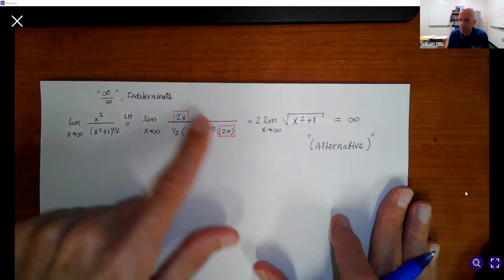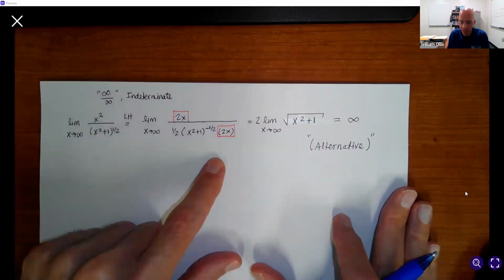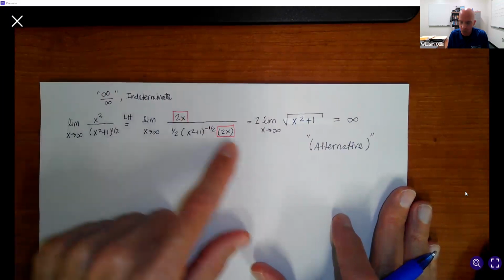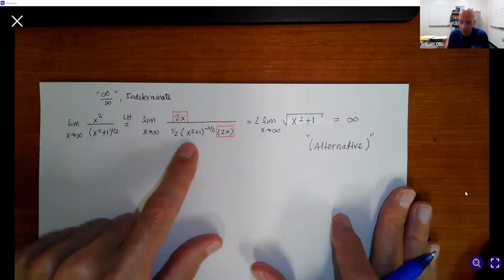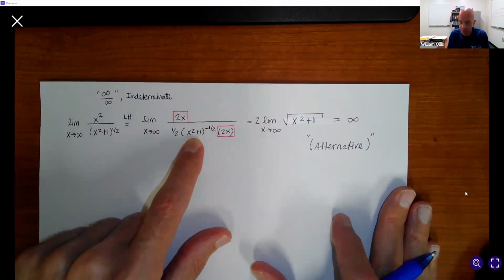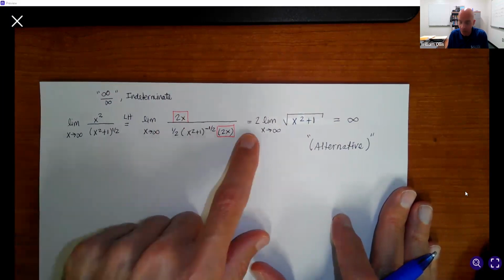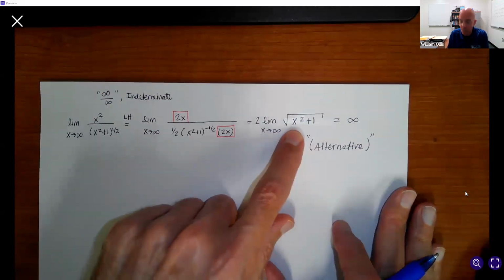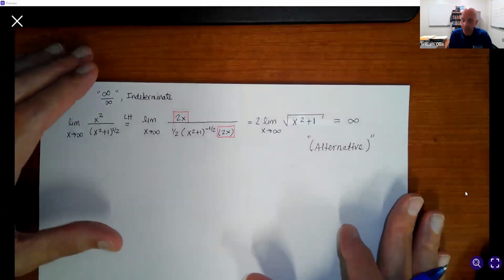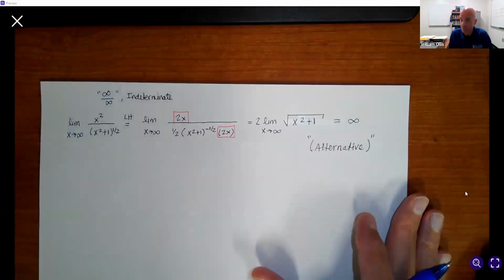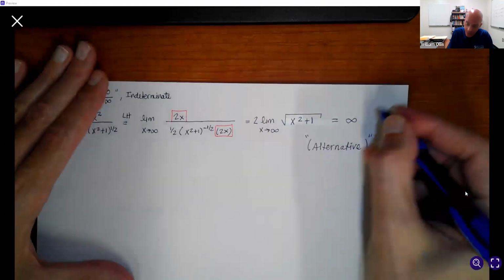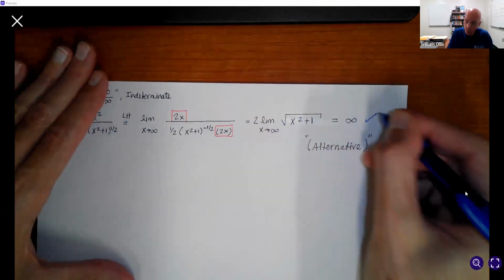At least here, this is straightforward and gives you a break. But notice the two x terms cancel, and you just bring this upstairs. The reciprocal of 1/2 is 2. And now you just have 2 times the square root of x squared plus 1, and x tends to infinity. Well, again, that's an infinite limit at infinity. We get the same result, which of course we expect.